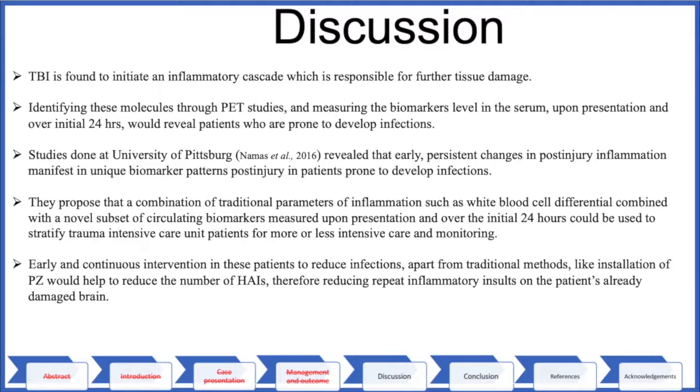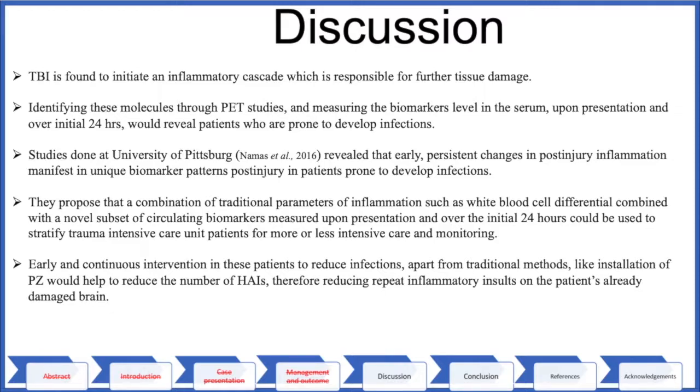Say two patients are involved in traumatic brain injury and one patient has a high level of interleukins and tumor necrosis factor in his serum when measured within the initial 24 hours. This patient, we can say, is more prone to hospital acquired infections in future during his length of stay in the hospital.